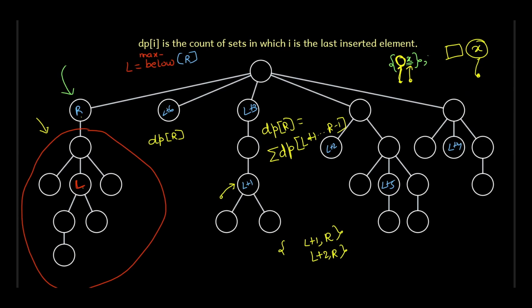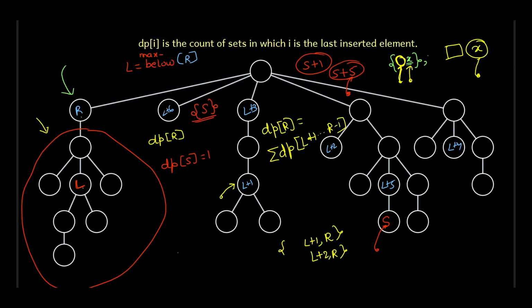Then what is your starting condition of the dp? So suppose this is your maximum starting point. Then dp of S is equal to 1, because there is only one set in the world where this element enters as the last element. This is the only element. And then you expand this set. How do you expand it? You try to find out, okay, for dp of S plus 1, or like let's say for dp of S plus 5, in how many ways can S plus 5 enter the set.